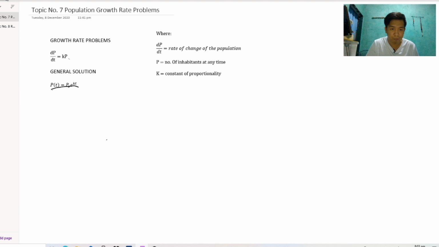For us to get those equations, we can use again the general solution for the growth rate problems. Let me repeat the solution; how we get this one is in the module I gave you.